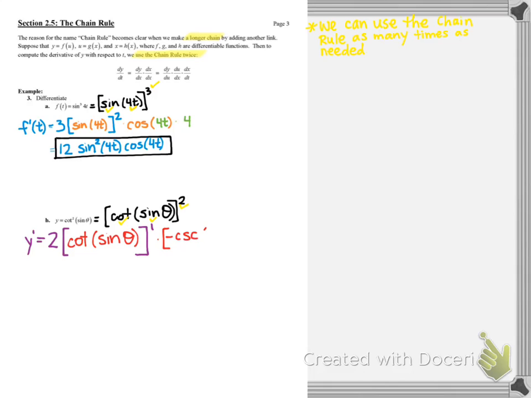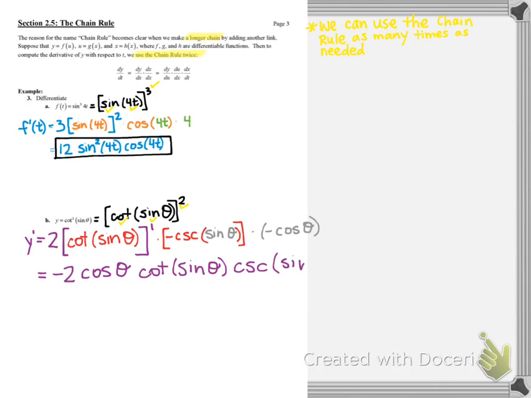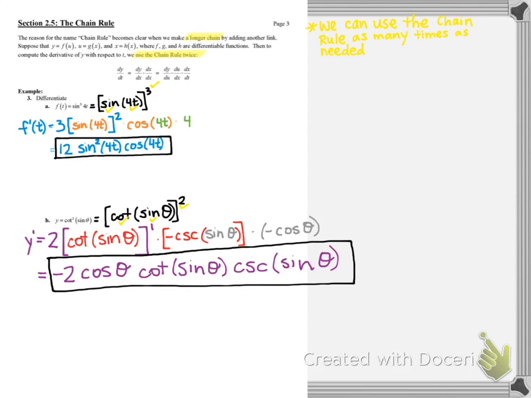Derivative of cotangent is negative cosecant. We will evaluate that at the inner function. Then we will take a derivative of the inner function again, which is negative cosine theta. And then we simplify, dealing with the negatives. We've got all of this left. That would be your final answer.